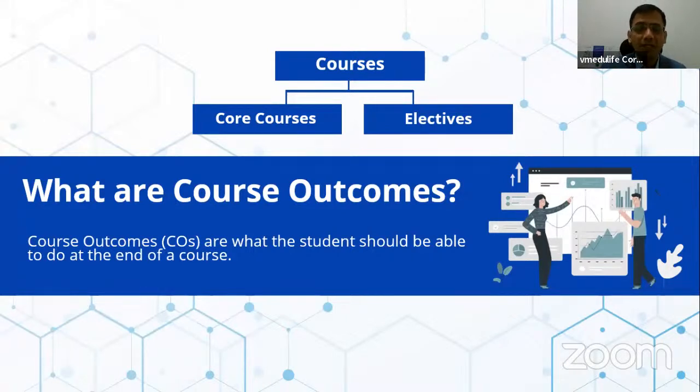For every semester, we have theory and practical courses or subjects, and every theory and practical course comes along with the statement of a CO, that is the course outcome of that particular course once we finish the syllabus or curriculum. Core courses and electives nowadays play a key role. Almost all universities provide these options, specifically to third and final year students, to apply for electives and fulfill the curriculum.